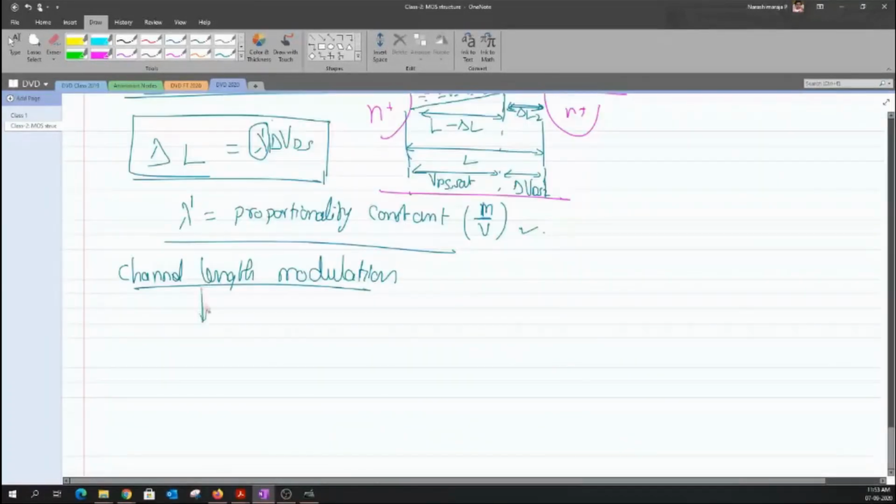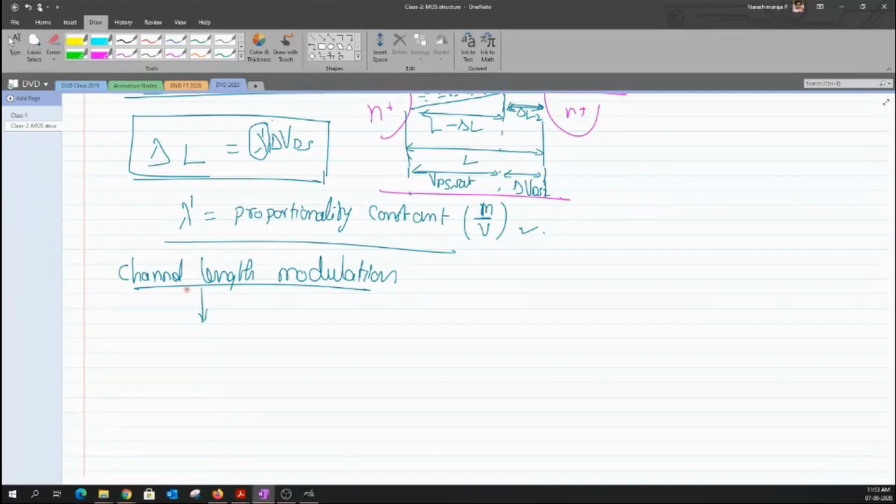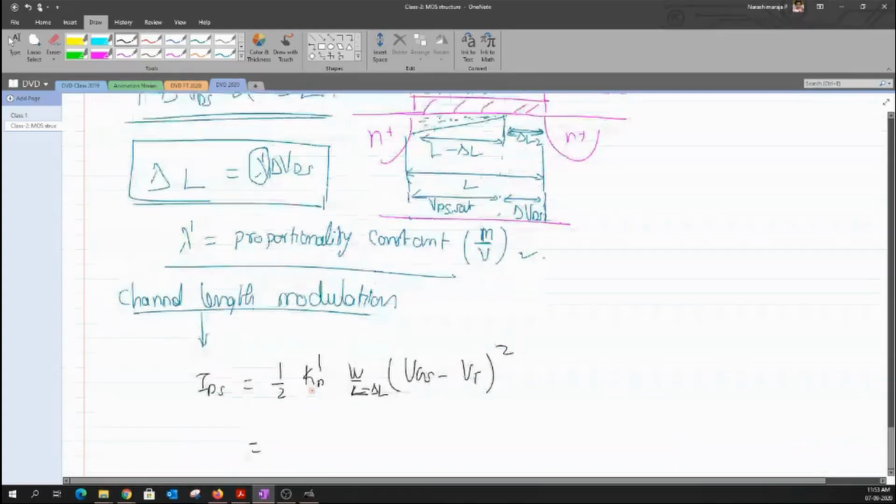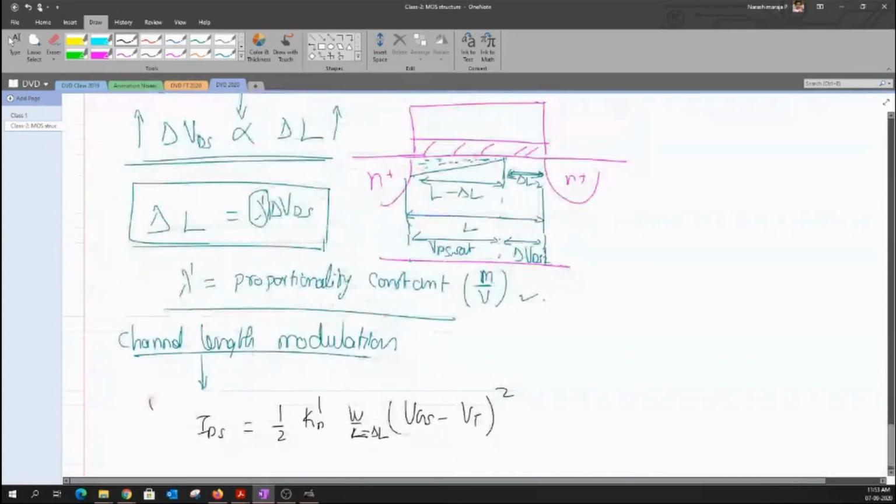Now let us try to adopt this channel length modulation impact onto our current equation and see how it is going to affect the IV characteristics of a MOSFET. Okay, we know that the saturation current can be written as, and right now the length of the channel is no more equal to L, but rather it is equal to L minus delta L, because this is where I have charges, and whatever current equation that I have written here is just the drift current.